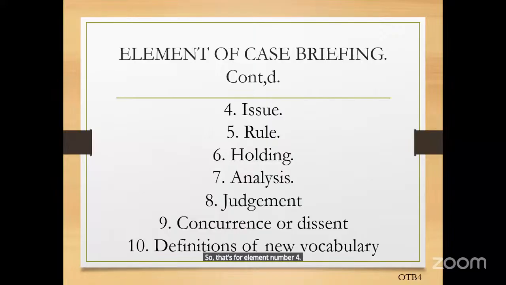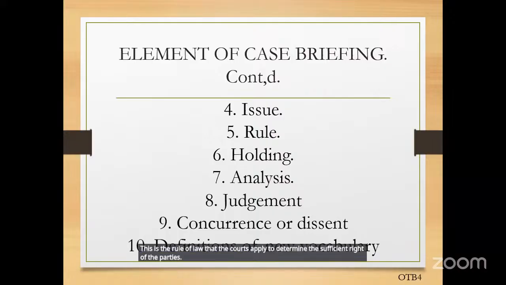Element number 5 is the rule. Now, the rule, which we also refer to as the rule of law or the legal principle, is the rule of law that the court applies to determine the substantive right of the parties.